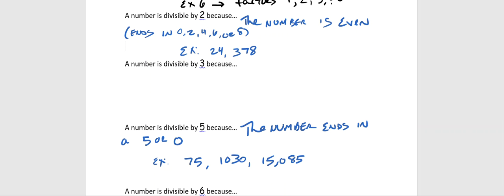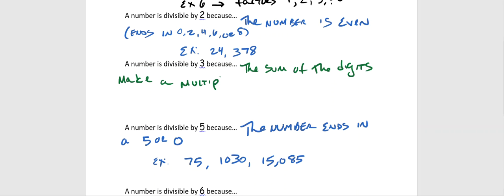The divisibility rule for 3 is that the sum of the digits makes a multiple of 3.